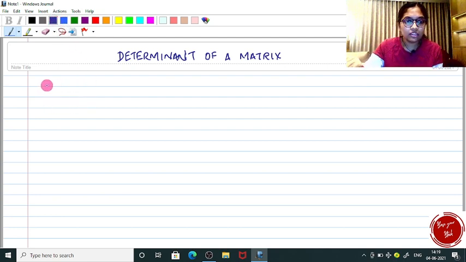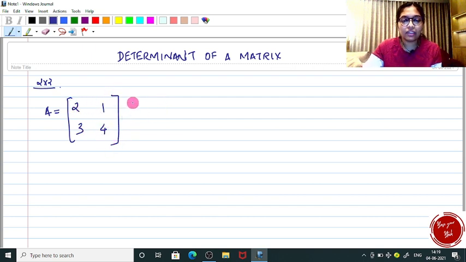Okay. For a 2 by 2 matrix, A is equal to 2, 1, 3, 4. For this example, if I need to get the determinant of matrix A, I have to write like this: A inside the modulus symbol equals, what is that?